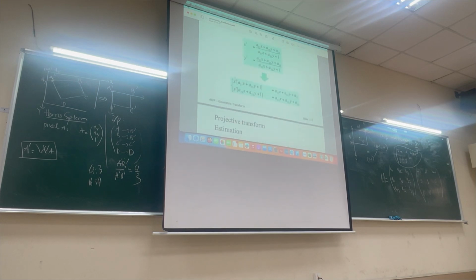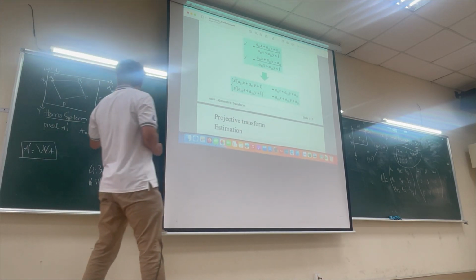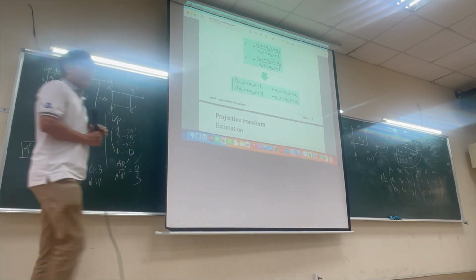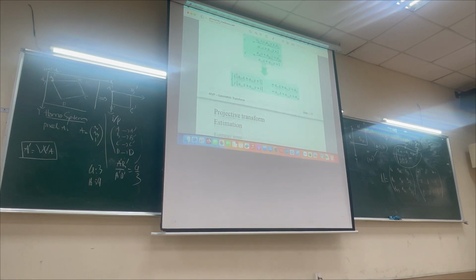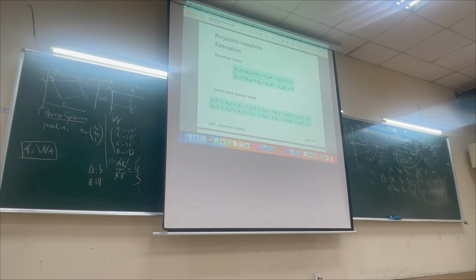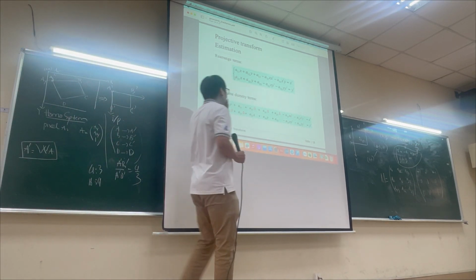How to? You make the equation like that. Just one pair, right? One pair, you get it like that. And similar like that, and similar like that, right? Arrange the values and then put the values there.